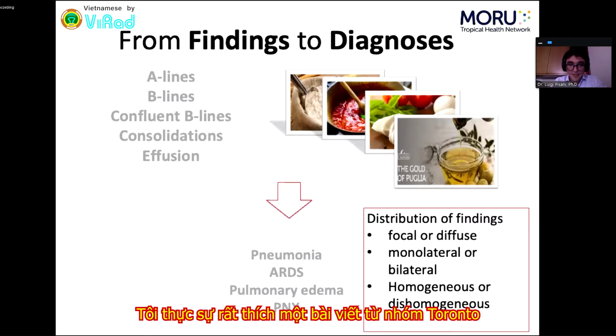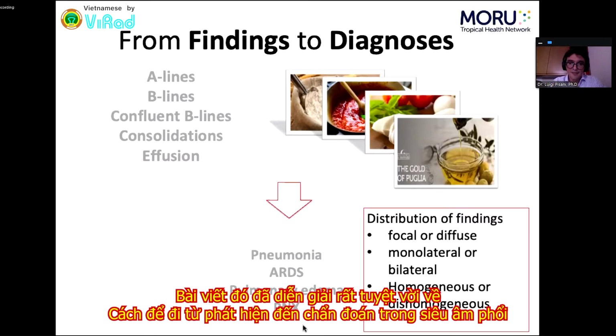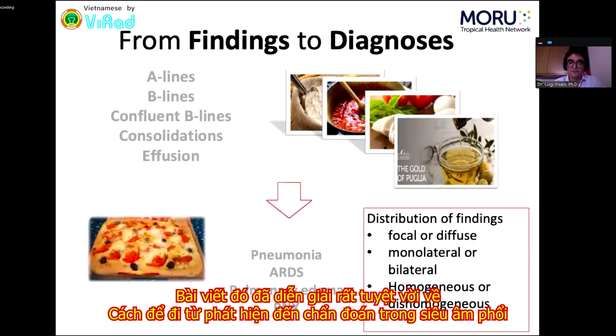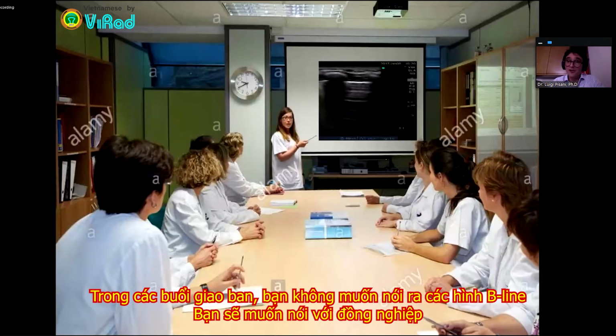And I really like this article from the Toronto group that really nicely explains how to go from lung ultrasound findings to lung ultrasound diagnosis. And also in your meetings in the morning, you don't want to speak of findings, A line, B line, consolidation.